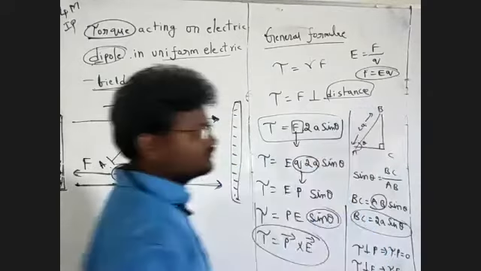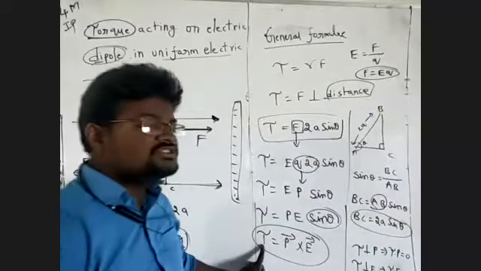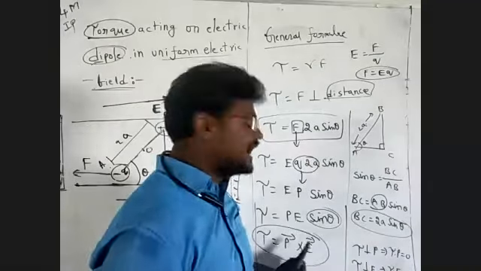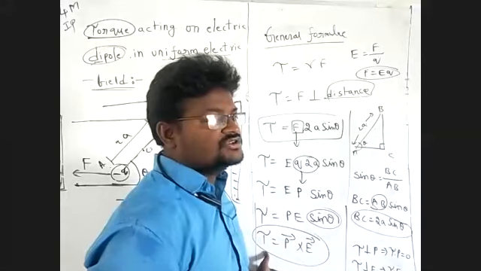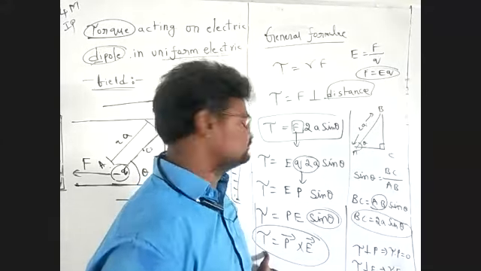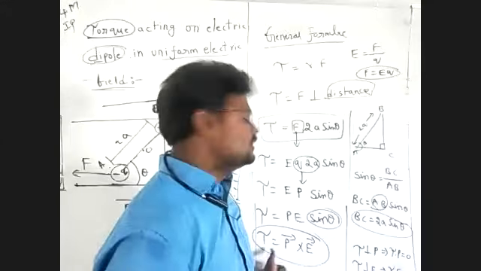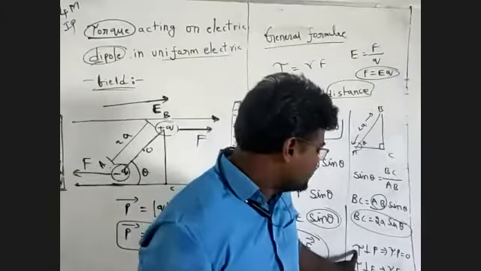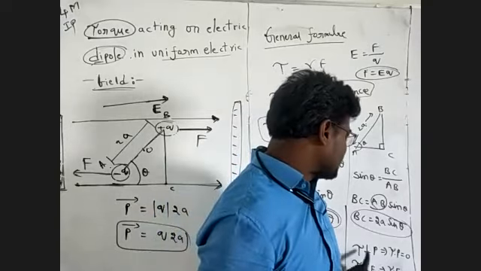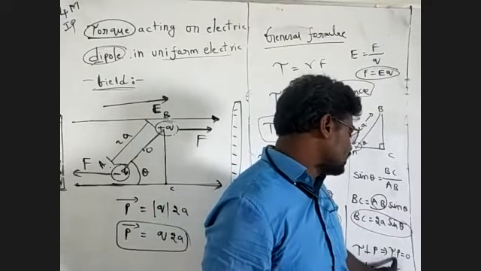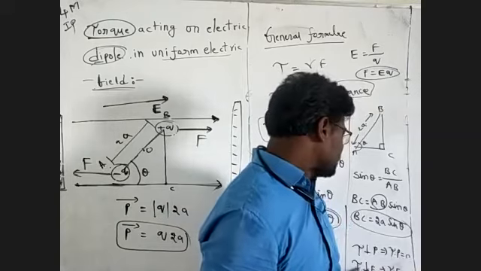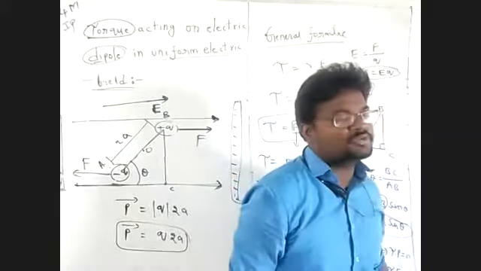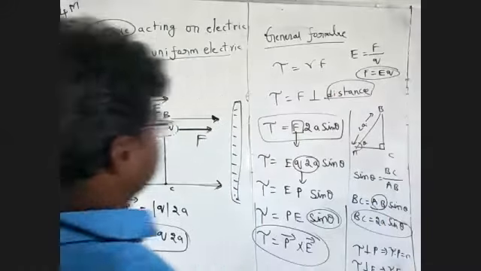The direction of tau is perpendicular to the plane containing P and E. Dot product means 0.